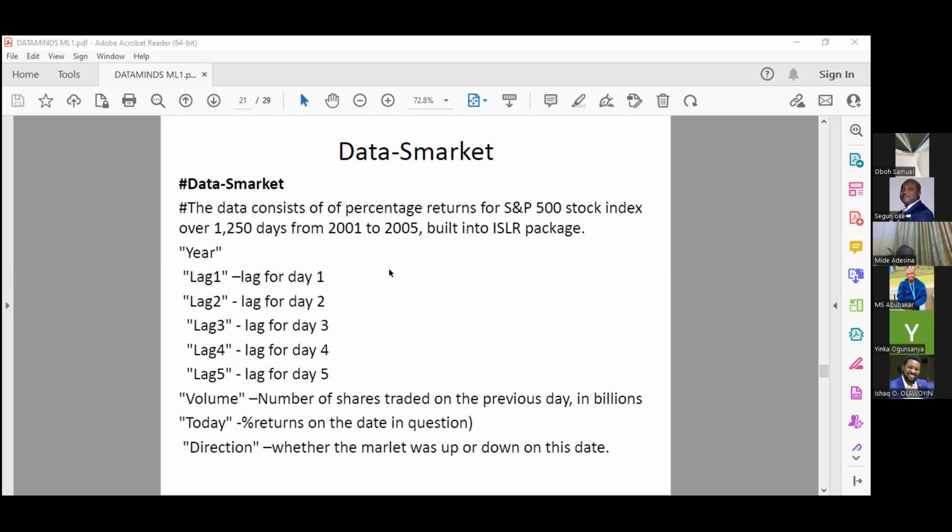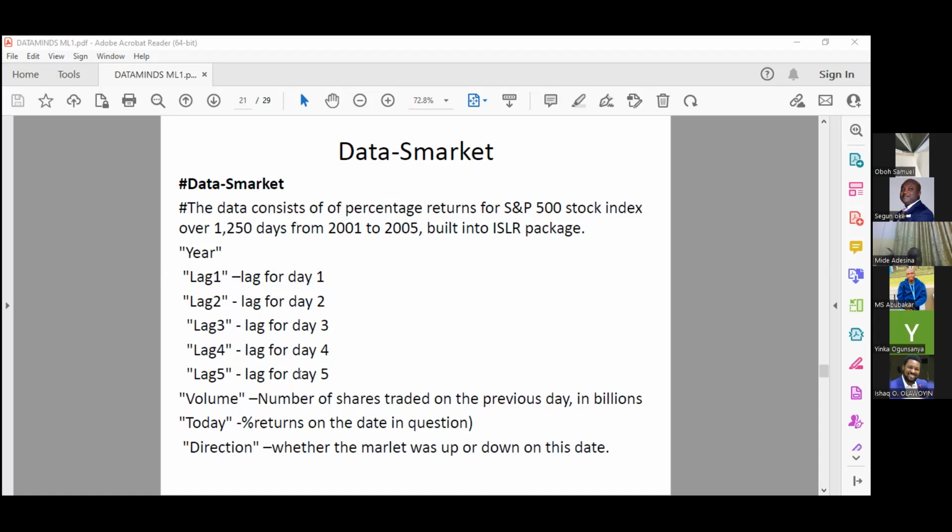Now, Lag 1 means the sales given yesterday. When you talk about lag, you talk about the current day, right? Let's say we have S of T, which is today's sales. Yesterday is S of T minus 1. For Lag 2, T minus 2. Lag 3, T minus 3.